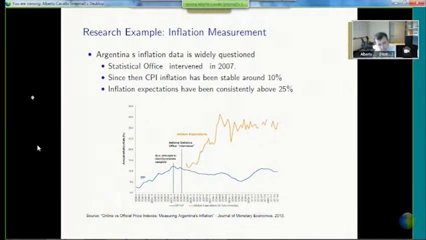Initially, we had used that data from the IPC, but it's hard to have access to this disaggregated. So at the same time, the government of Argentina started lying with their statistics. I think it's not controversial to say that Argentina currently lies when it comes to its price indexes.